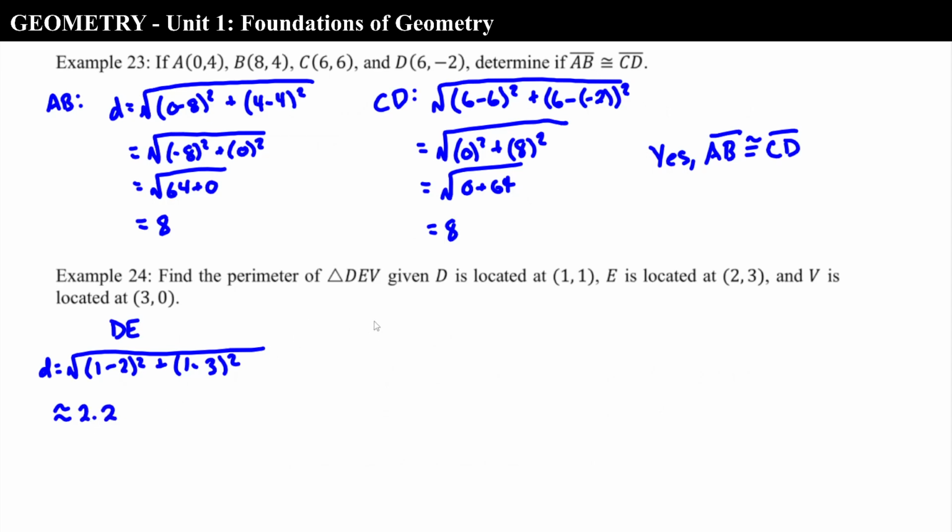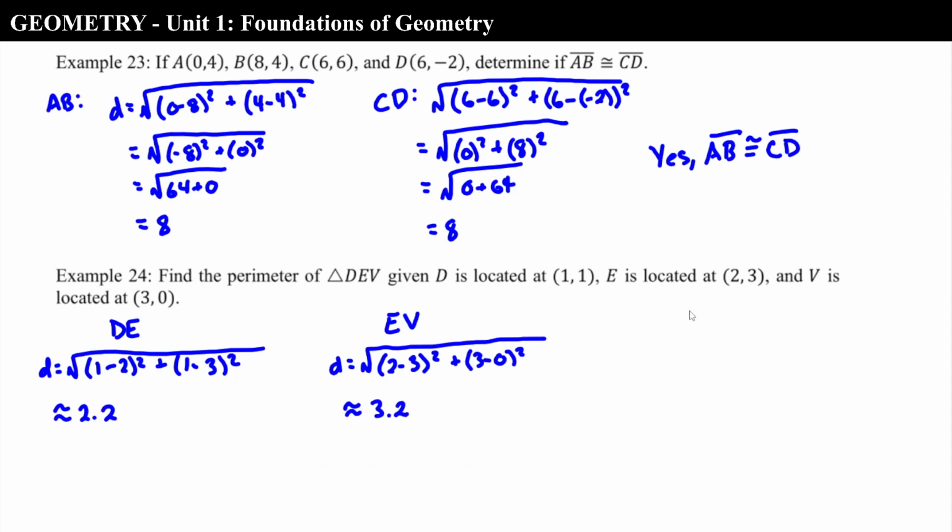If we go to EV, the next line segment, the distance is going to be 2 minus 3 squared plus 3 minus 0 squared. Difference of our x's, difference of our y's. Put that in your calculator, you get approximately 3.2.